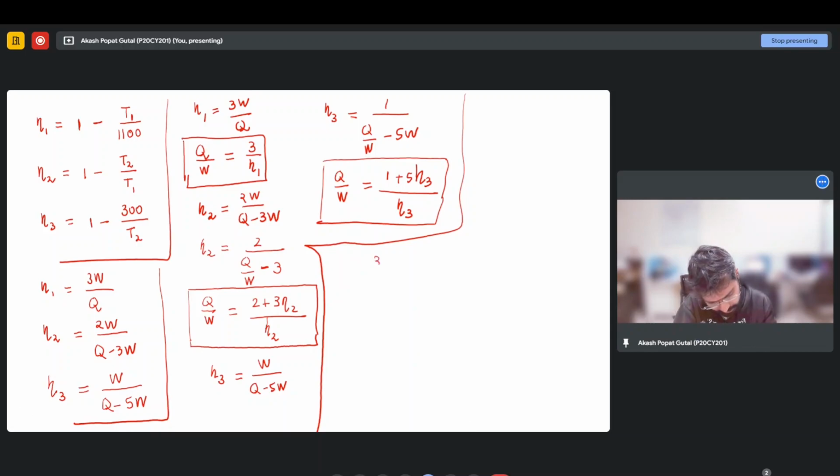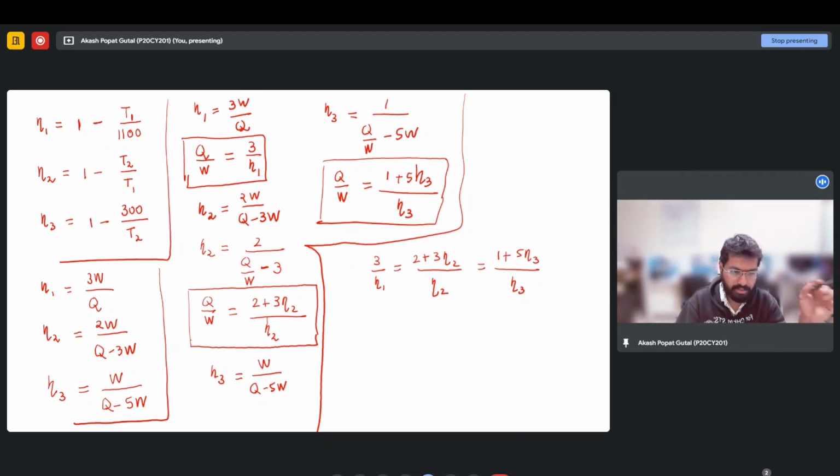So it will be 3 by eta 1 is equal to 2 plus 3 eta 2 divided by eta 2 is equal to 1 plus 5 eta 3 by eta 3. Fine. But we have information. These three relations have three different variables, eta 1, eta 2, eta 3.